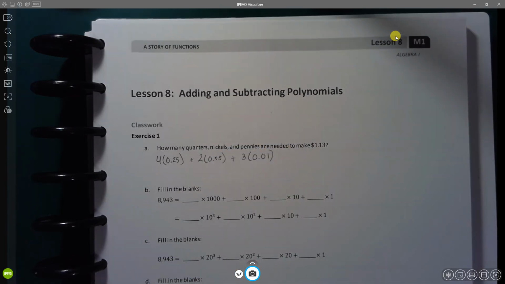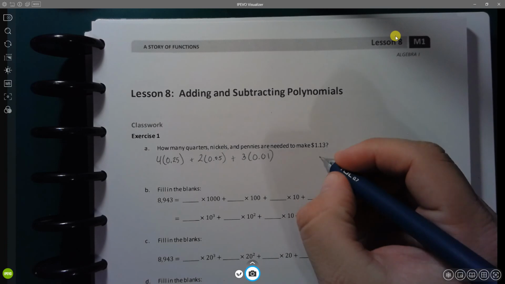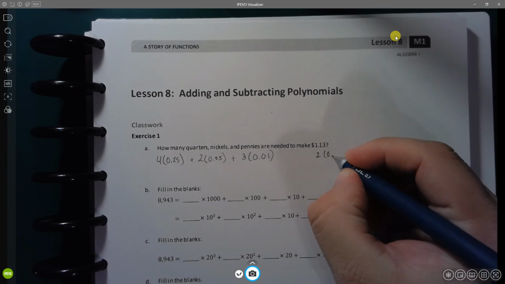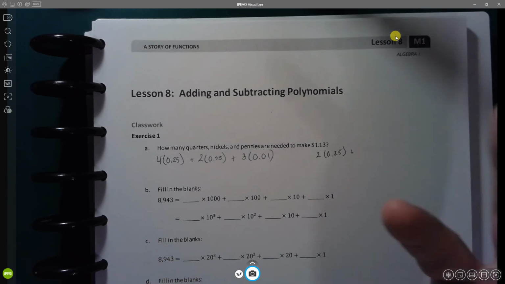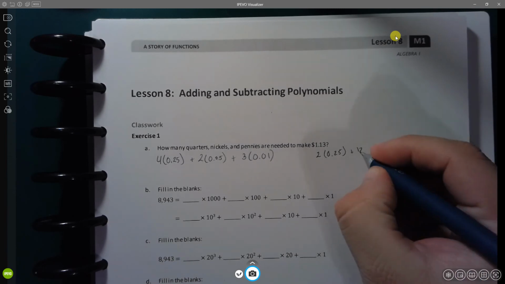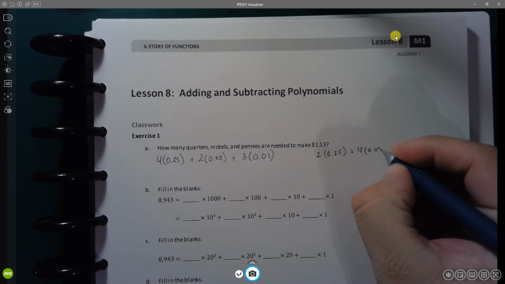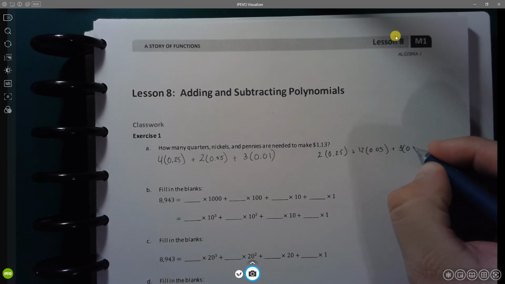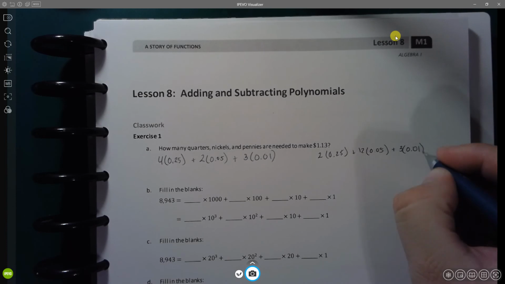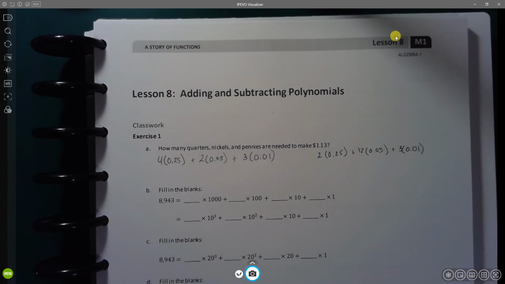But somebody could come along and say, no, you need 2 quarters plus 12 nickels plus 3 pennies. So you could come up with multiple answers for this problem. It just is a matter of which way you want to do it.